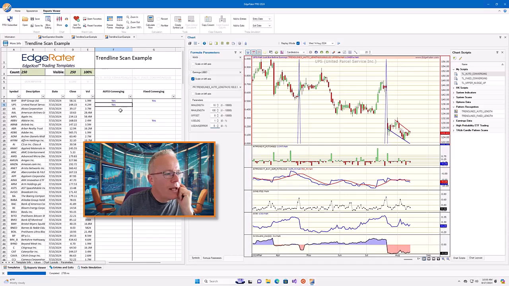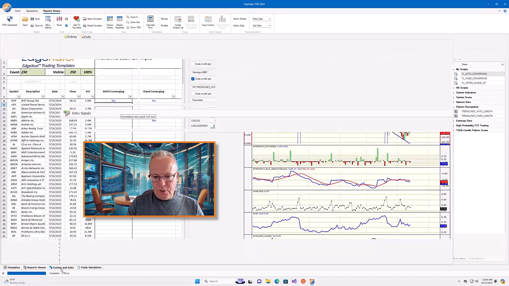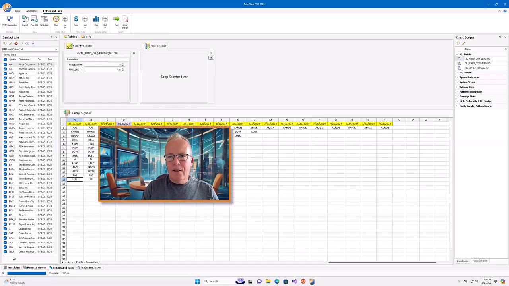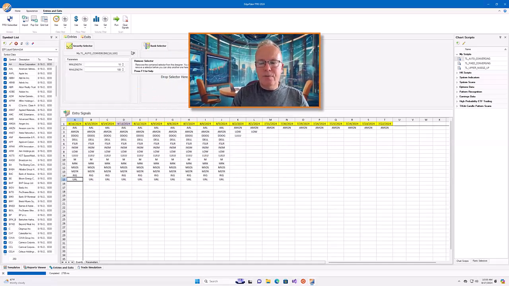Phil, so for the scan example, are you able to run backtest as well? No. So Phil is talking about when we did a scan, we put this script into the entries and exits tab and ran the script. But as I said, the script is not picking out all of the historical trend lines.